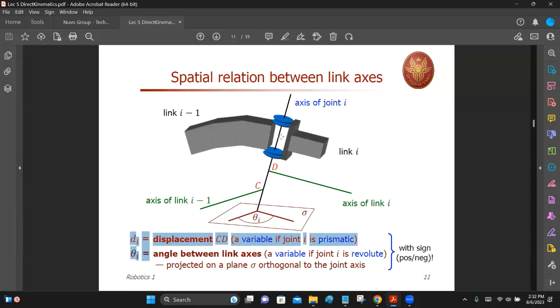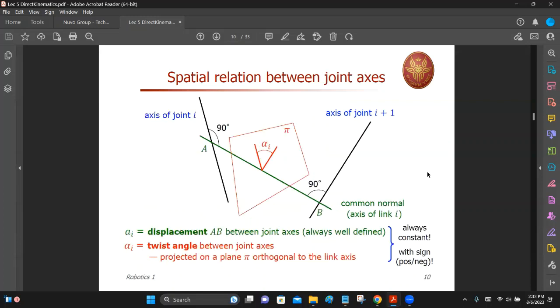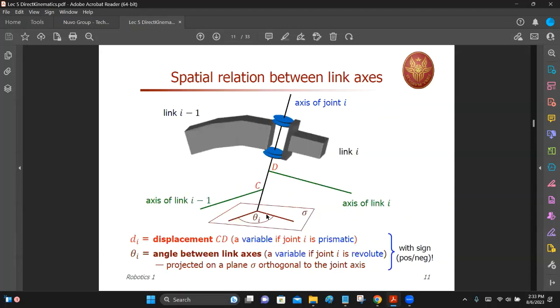So in a manipulator, you don't have anything else. All you have is a joint and a link, joint and a link, joint and a link. So if you can model the joint using these two parameters, that is d and theta, and if you can model the link using these two parameters, A and alpha, you are defining the entire manipulator from base to the end effector.